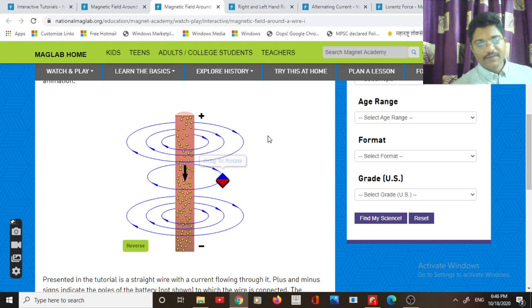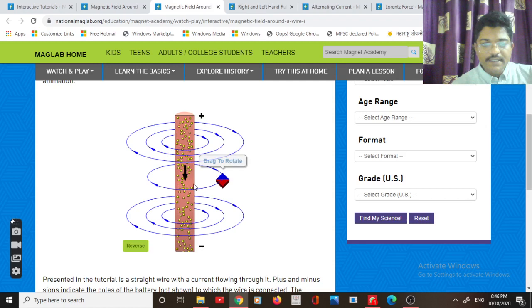With the help of a compass, as in the bar magnet, we have also seen that if we rotate or move the compass across the bar magnet, it will show deflection, and the north pole will indicate the direction of the magnetic field. Here, the current is going from positive to negative, though actually the electrons are flowing from negative to positive, and it creates a magnetic field surrounding it.